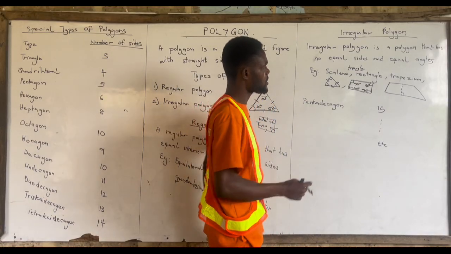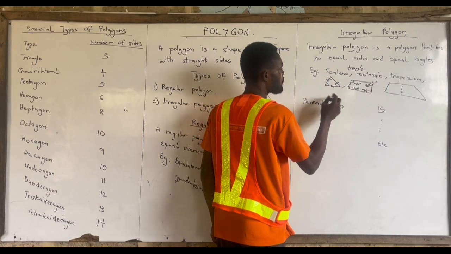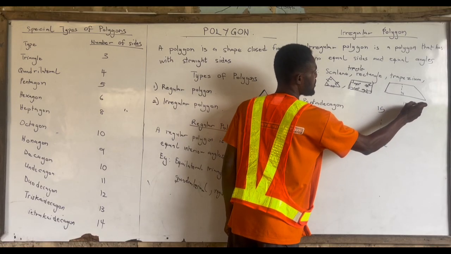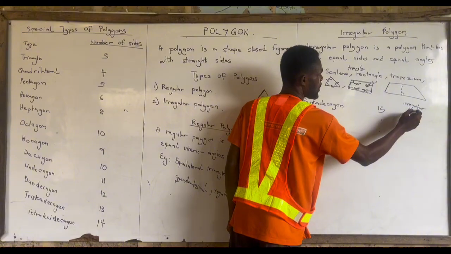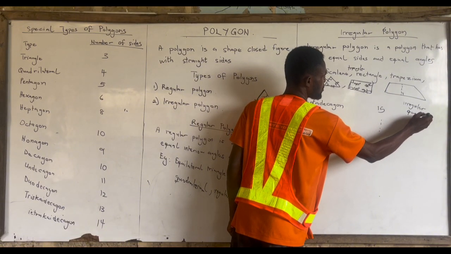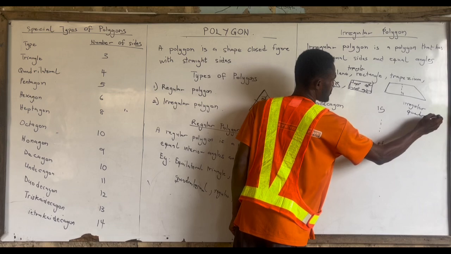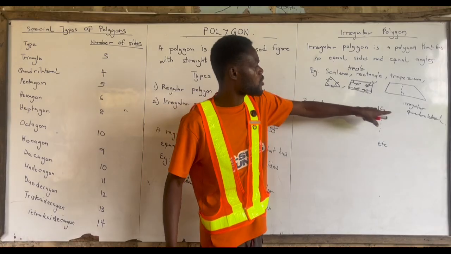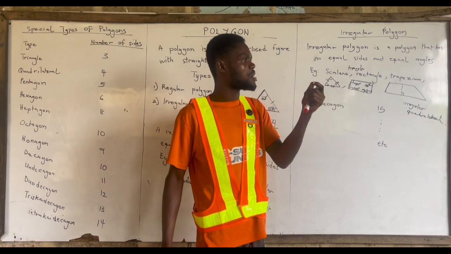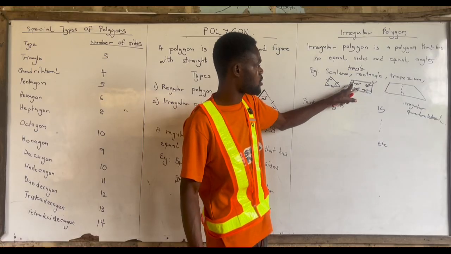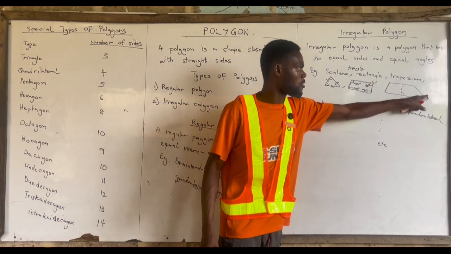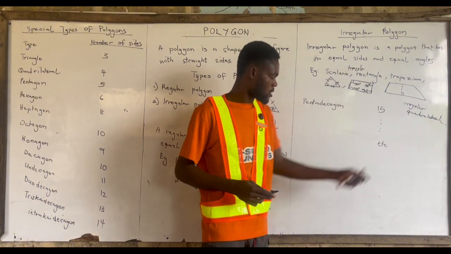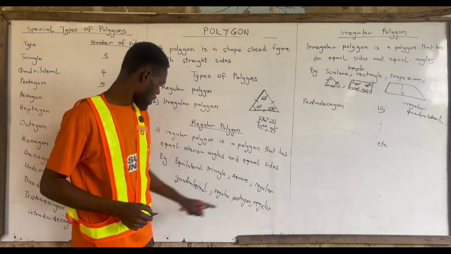So that is that. The rectangle and trapezium fall under irregular quadrilateral. When we talk about a quadrilateral, it's a shape with 4 sides. So 1, 2, 3, 4. They all fall under irregular quadrilateral. Over here we have regular quadrilateral.